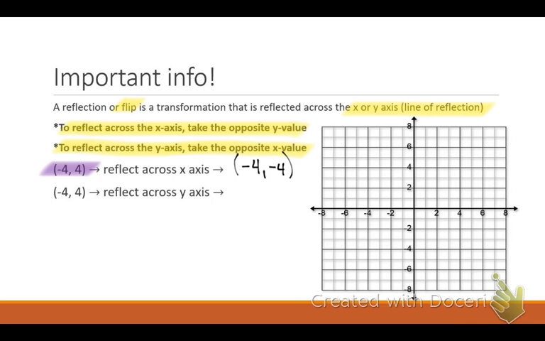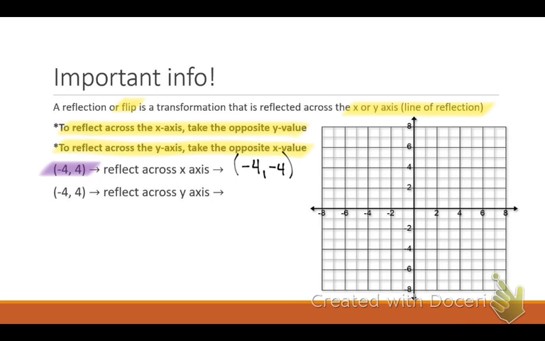Okay? So let's see what it looks like on the graph. Again, this is not a graph that you have to do. I just want you to look up here. If I plot my initial point, -4, 4, help me figure out where it goes. Do I go left 4 or right 4 on X? Left 4, then do I go up or down? Up 4 for the Y, and here's where my initial point goes. Okay, everybody with me?